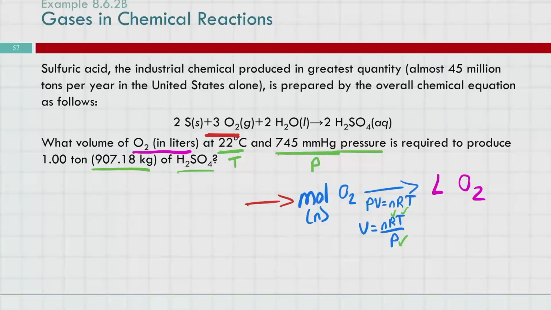We're going to use stoichiometry, yes. What's a chemical that we have something for? Because we would need moles of sulfur, H2O, or H2SO4 to get to moles of O2. Which one do we have? Just H2SO4. Right, we were given an amount, kilograms of H2SO4.